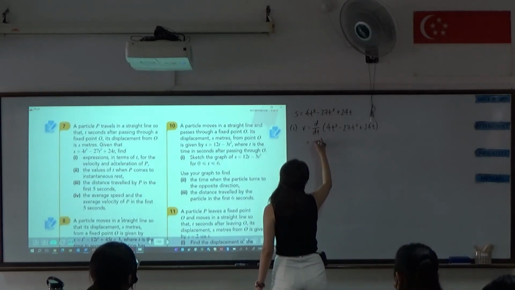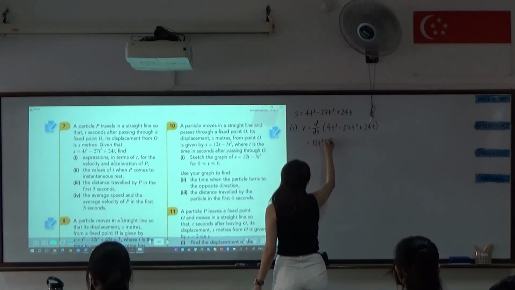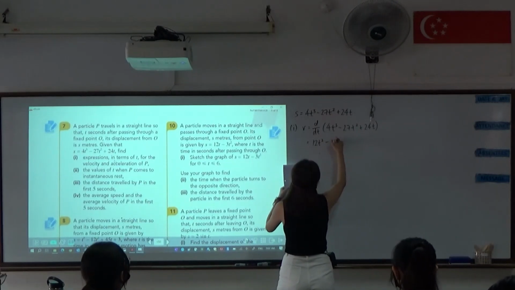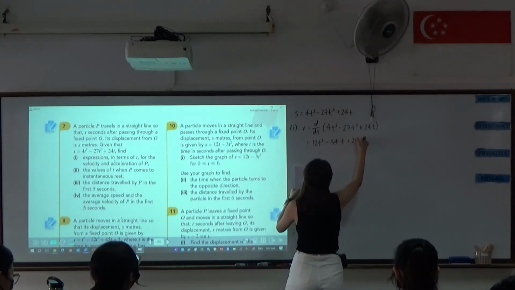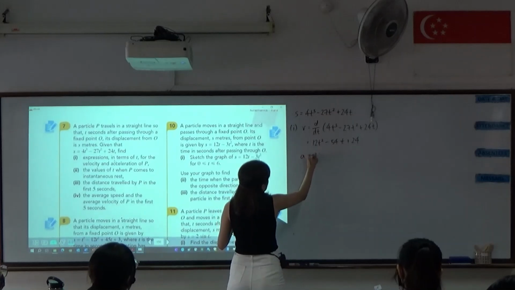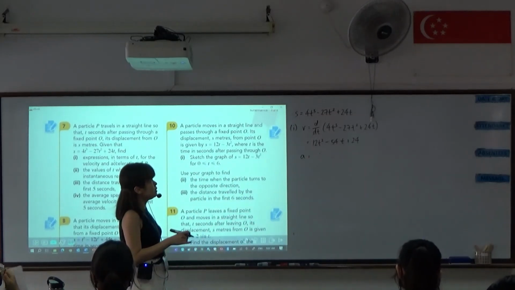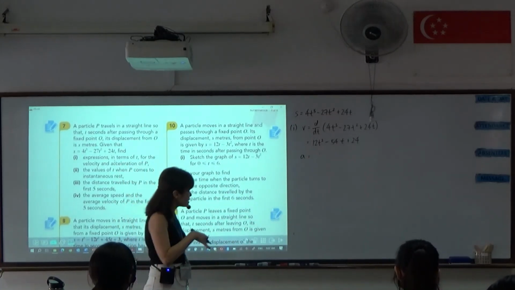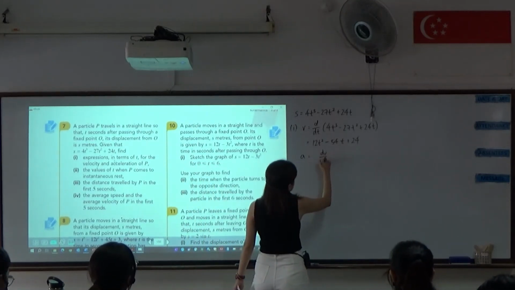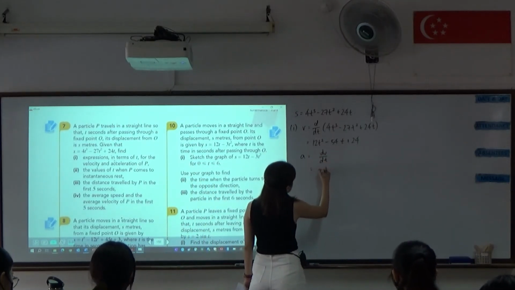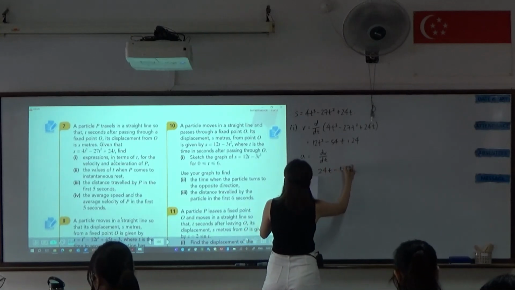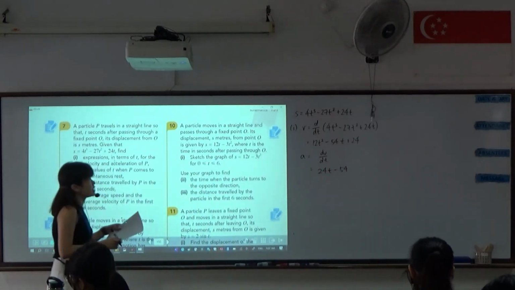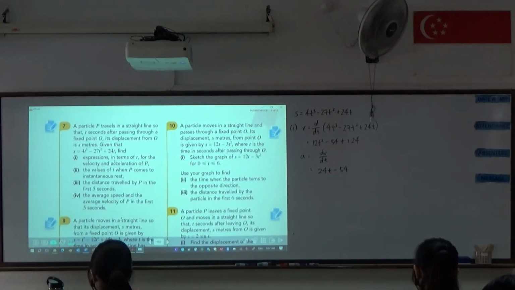Upon differentiation, we will get 12t squared minus 48t plus 36. And then to get your acceleration, we will just differentiate our velocity. So dv over dt will give us 24t minus 24. So these are the two expressions for your velocity and also your acceleration.